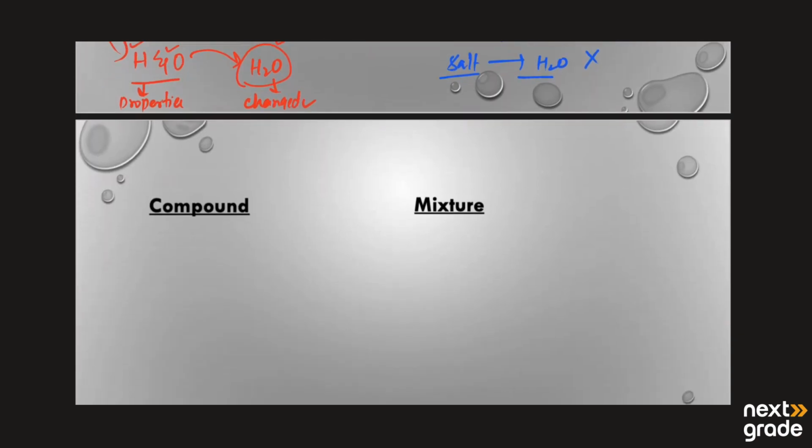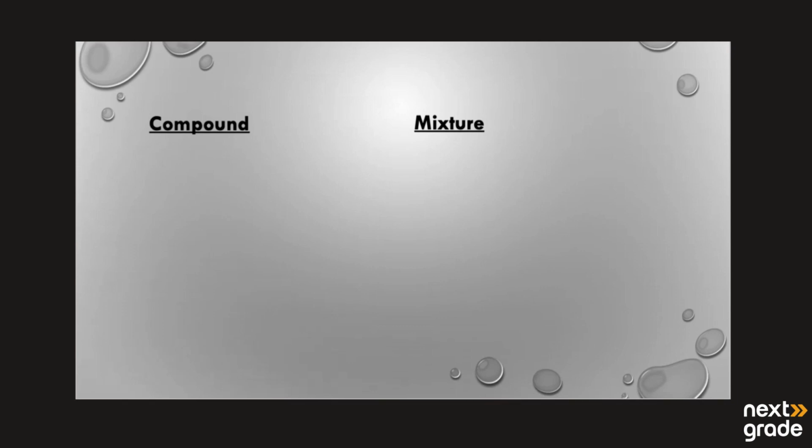Next, we have the third difference between compound and mixture. In compounds, there is always a fixed composition by mass. On the other hand, mixtures do not have a fixed composition.